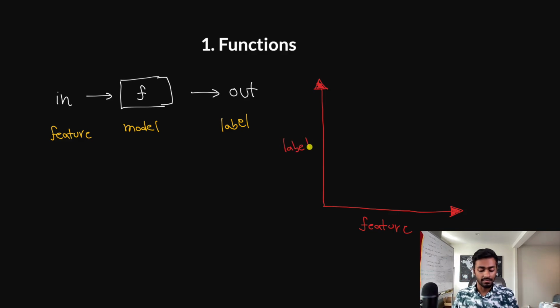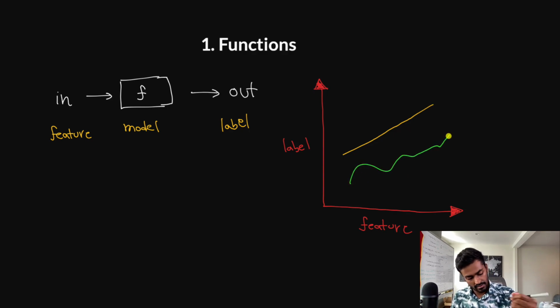The interaction between how these features are related to the labels could be simple, like a straight line, or it could be something that's more complex, or anything in between as well. That could be continuous or discontinuous.